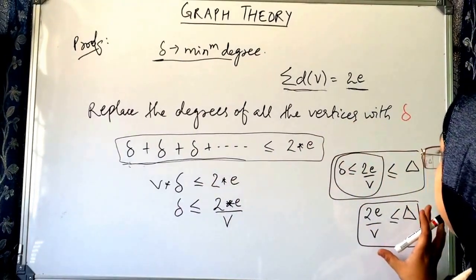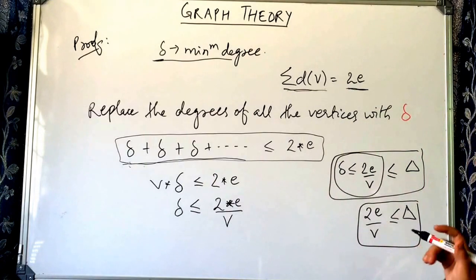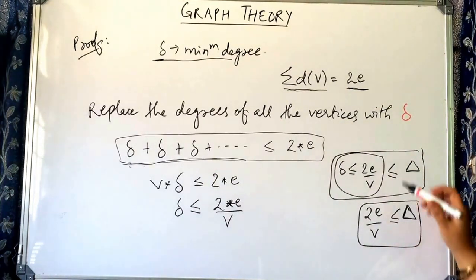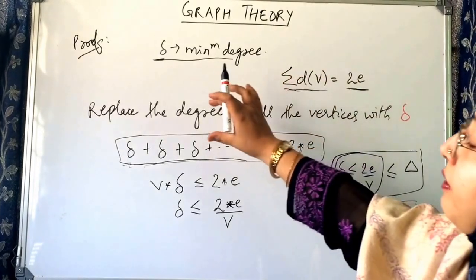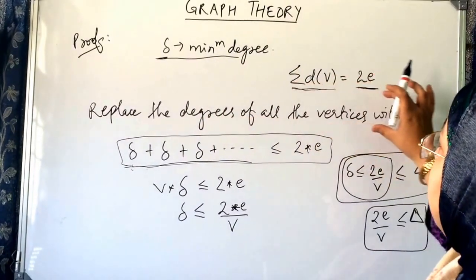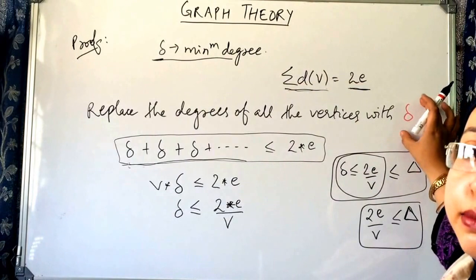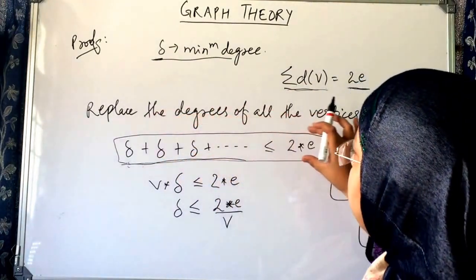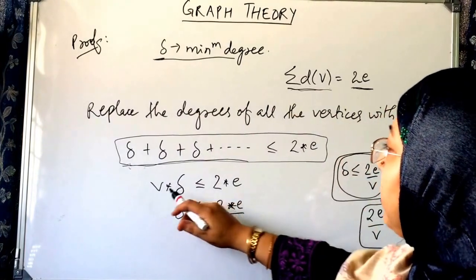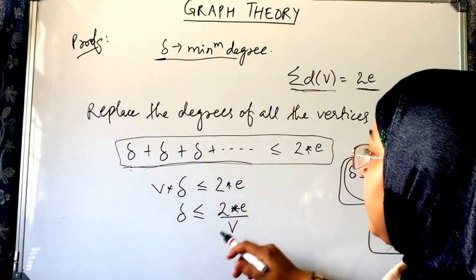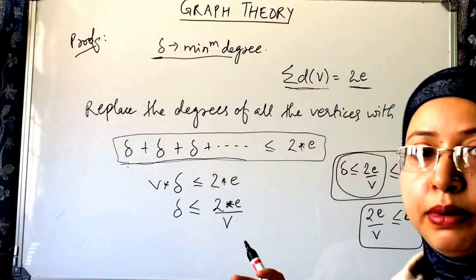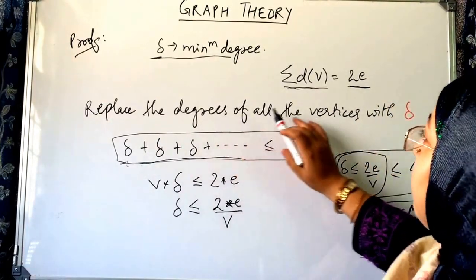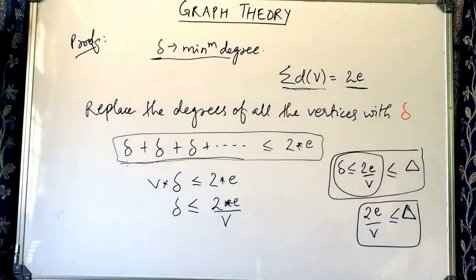Earlier I was replacing the degree of all the vertices with del, and del was the minimum degree. That's why del plus del plus del will be less than or equal to twice E. So V del is less than or equal to twice E, and del is less than or equal to twice E by V. Now I will replace the degrees of all the vertices with delta.